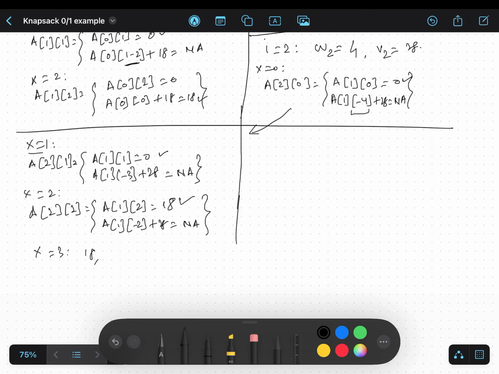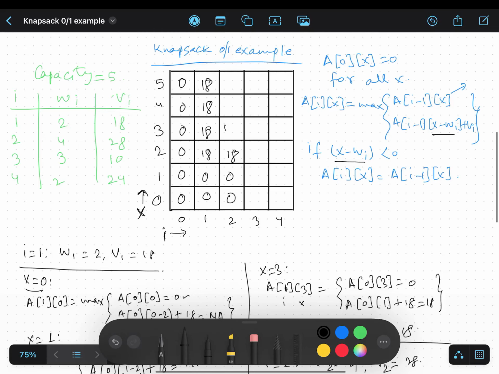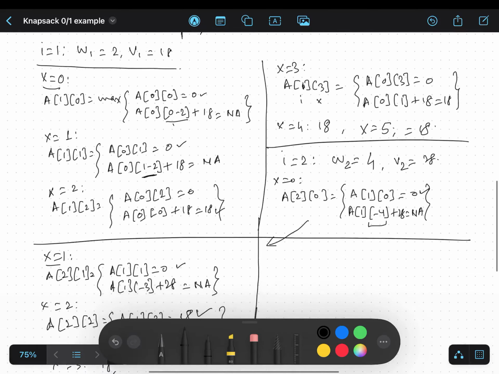Then for x 4, where things are going to get a little interesting, so we are going to do that step.